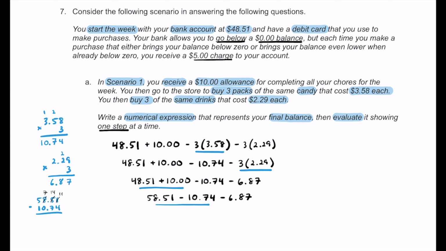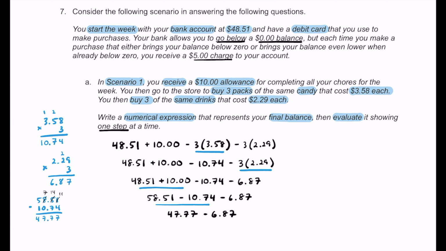So 11 minus 4 is going to be 7, 14 minus 7 is 7, 7 minus 0 is 7, and 5 minus 1 is 4. So looks like after buying the candy, you're gonna have $47.77, but then you're gonna go ahead and buy some drinks, so we're gonna subtract $6.87.